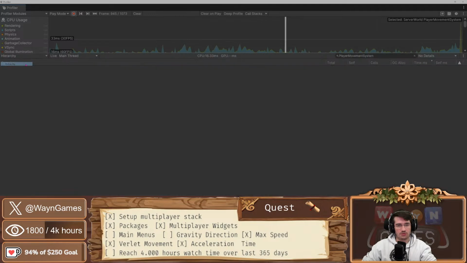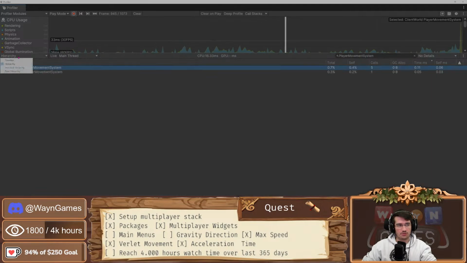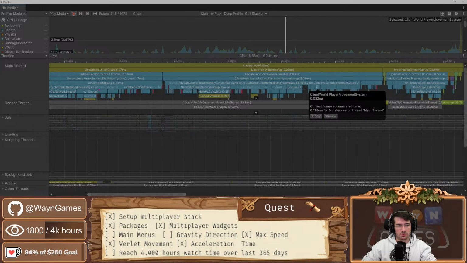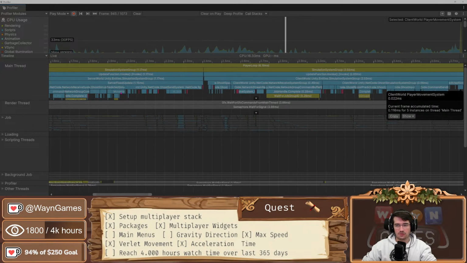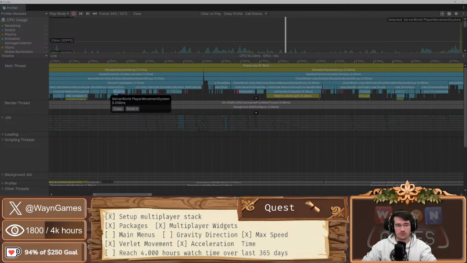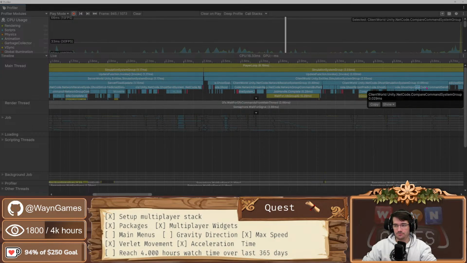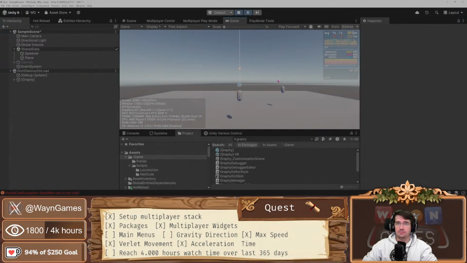And if I look at the hierarchy, select the other one. Yeah. So it's player movement here and player movement that was somewhere here. Okay.